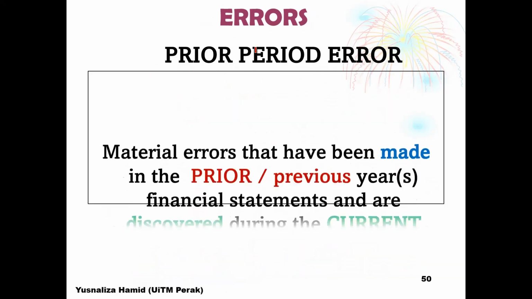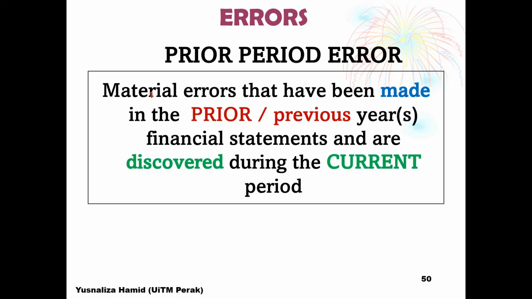Prior period error. In simple words, prior period errors are those material errors that have been made in the prior or previous year, either several years, one year, or a few years, and are discovered during the current year or current period. So it happened a few years back, but you only discovered it in the current year.